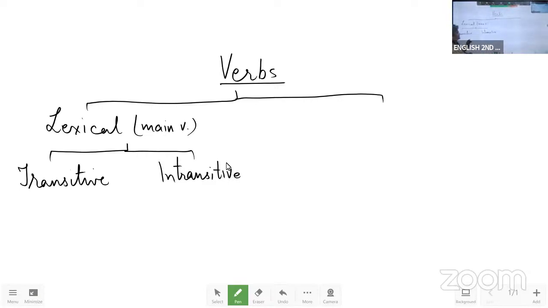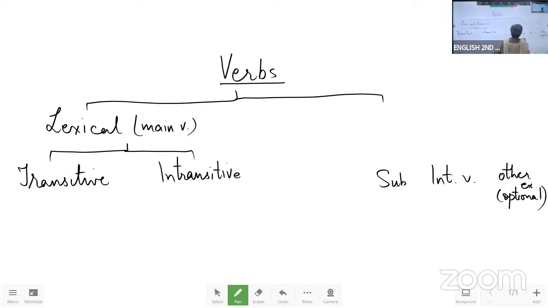It will be given as subject, intransitive verb, and in the third column, it will be written as other expression, but in brackets, it's written as, what's the opposite of mandatory? Optional. It will be written as optional, because you needn't fill the column.